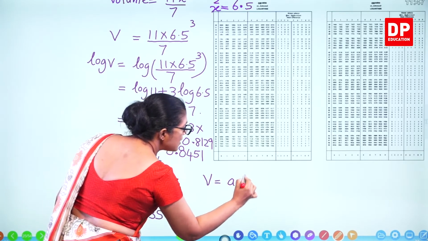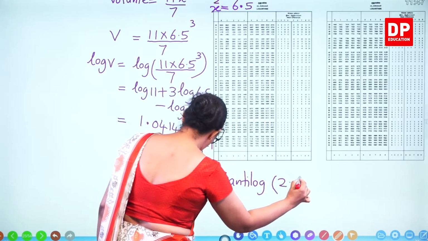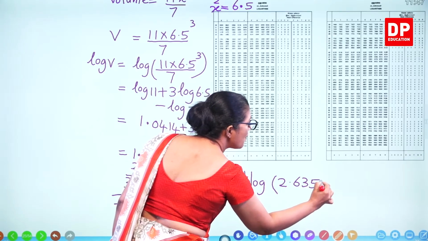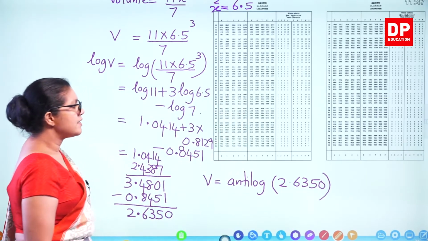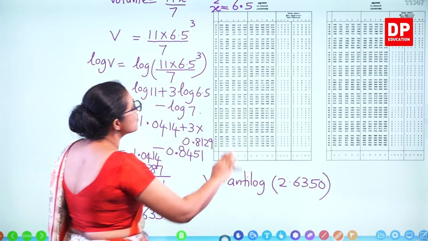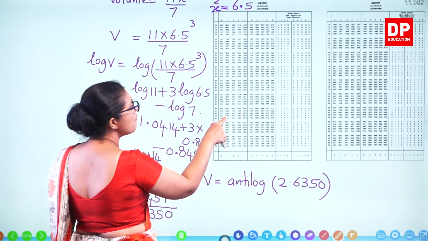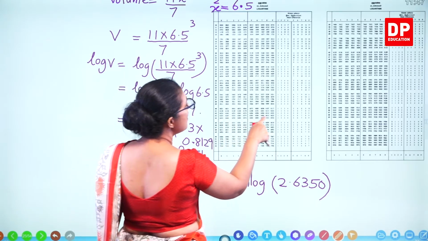You take the antilog value of 2.6350. Now find out the antilog value. 6350. 6345 is there. So we need another 5.